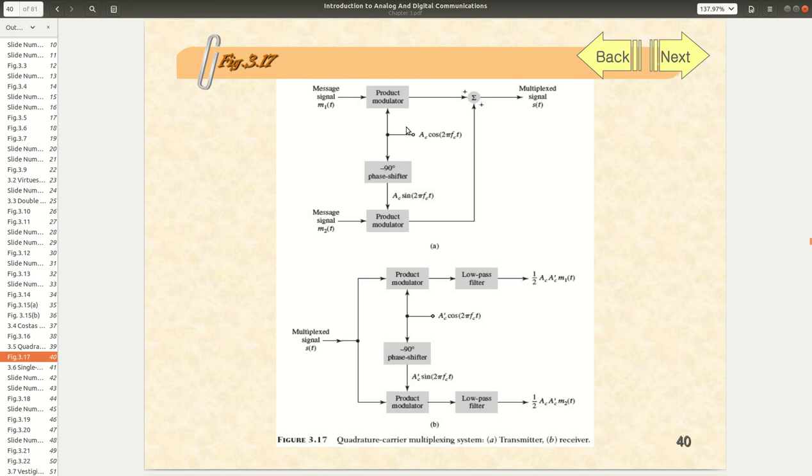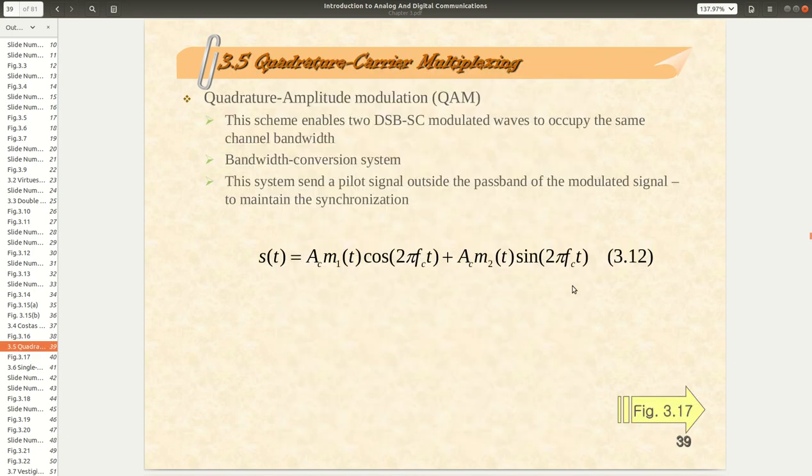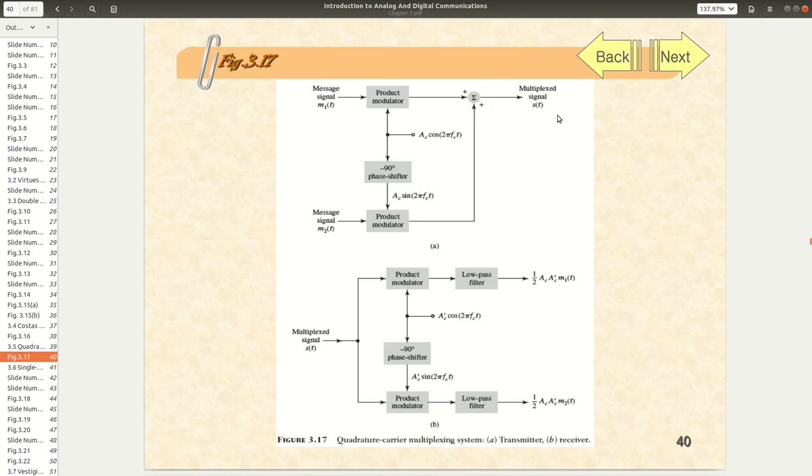Here you multiply the message. This is the transmitter and this is the receiver of the quadrature carrier multiplexing. So these are the two signals. One time you multiply by the cosine, and with minus 90 you have sine and you multiply by sine. This generates this signal, and then you take the summation and send it.